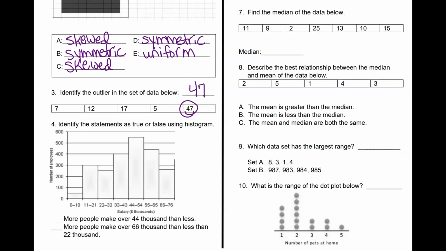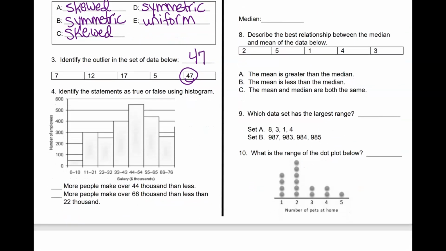Number 4, identify the statements as true or false using the histogram. Remember, the histogram is going to be in intervals. If you look at the bottom, the intervals are the amount of money, the salary that each employee is going to make.